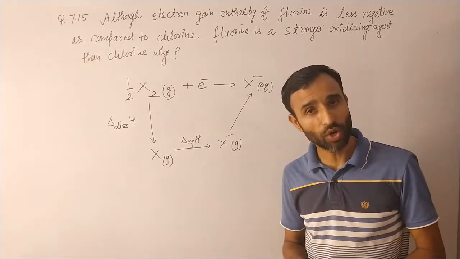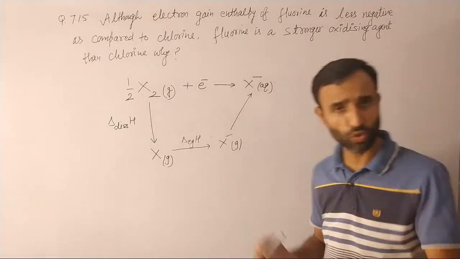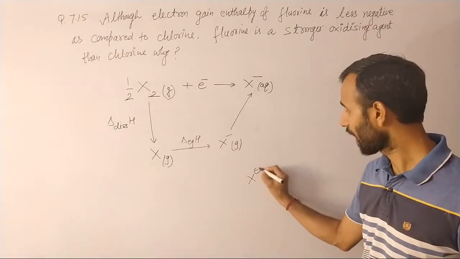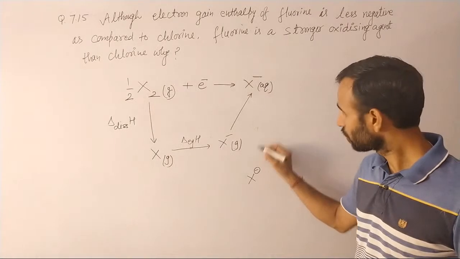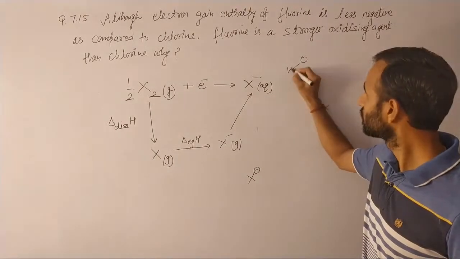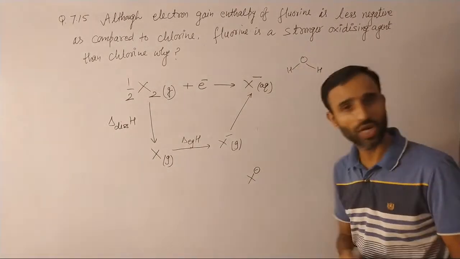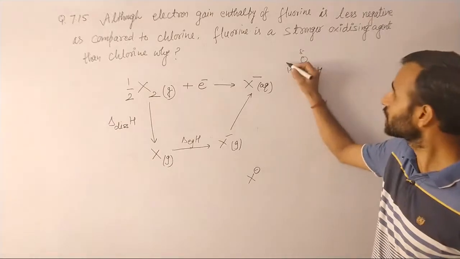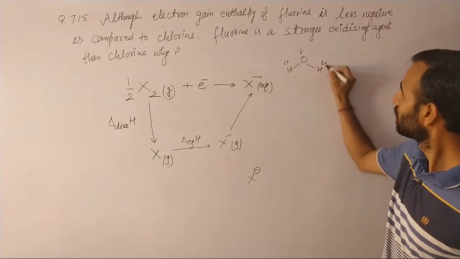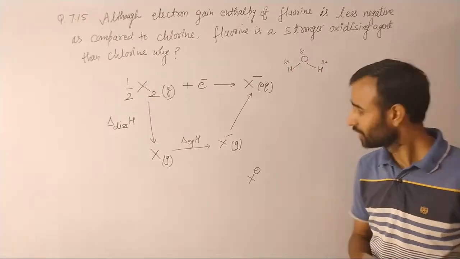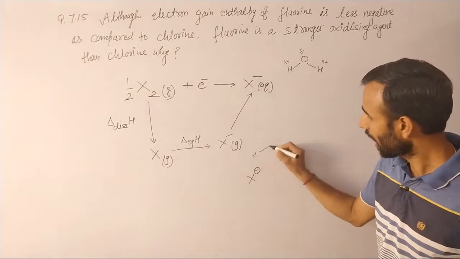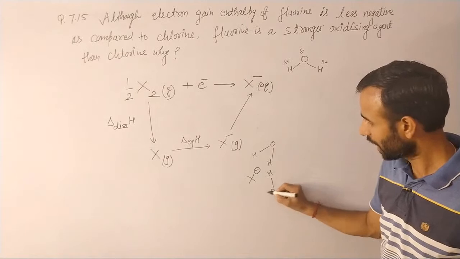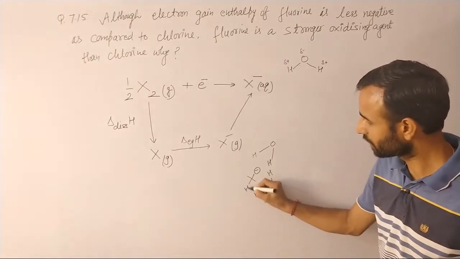by water molecules. Because you know water is polar, so X negative aqueous means that water has a structure like this. O is more electronegative, hydrogen is less electronegative. So H is attracted towards X negative and O is away from it.